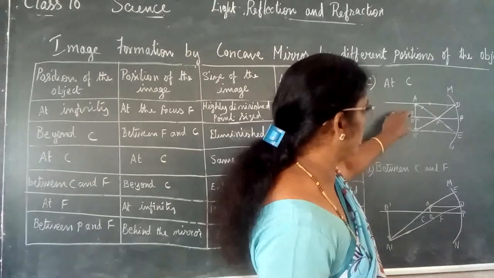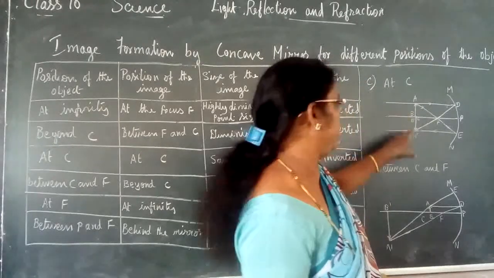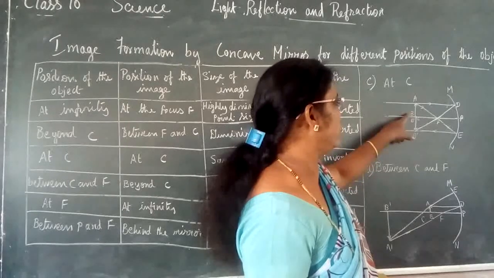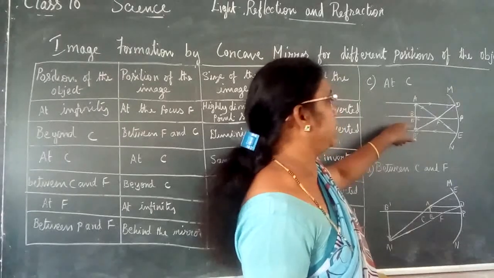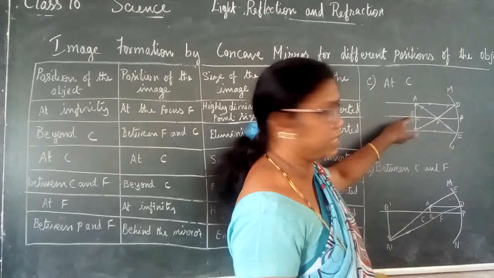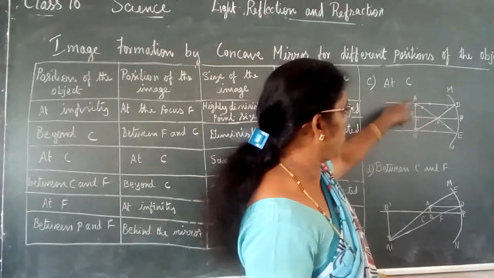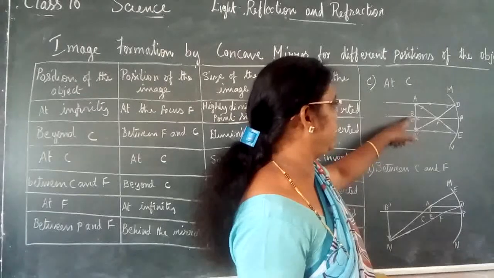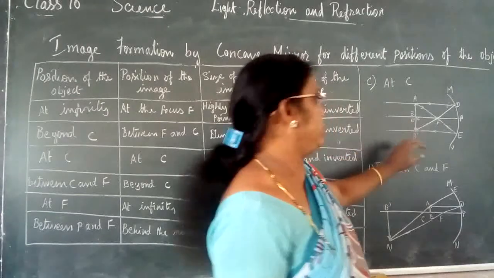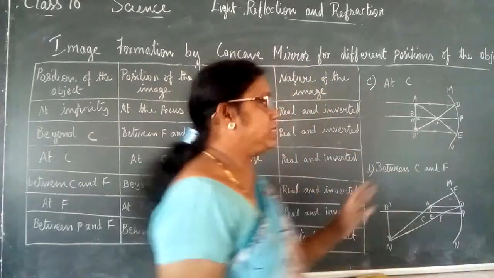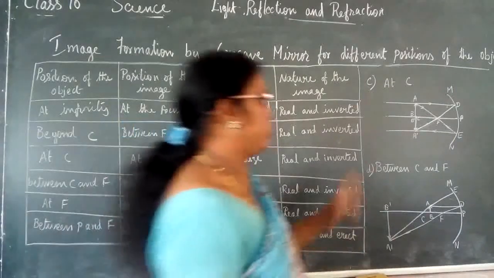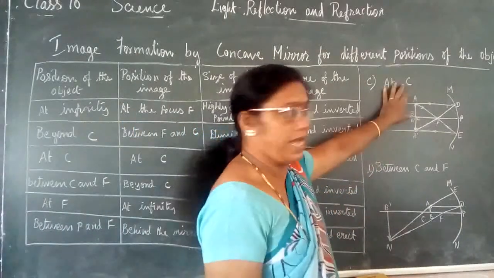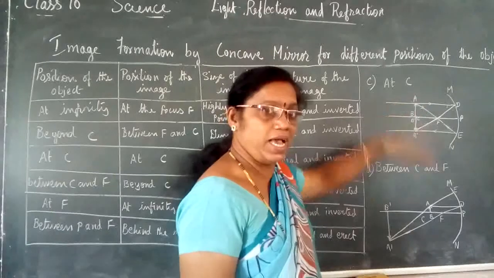That is also an inverted image. Here, because the foot of the object and the image lies on the principal axis, we get the top below, at A dash, B dash. Hence, we can properly say that the object is erect, whereas the image is inverted.